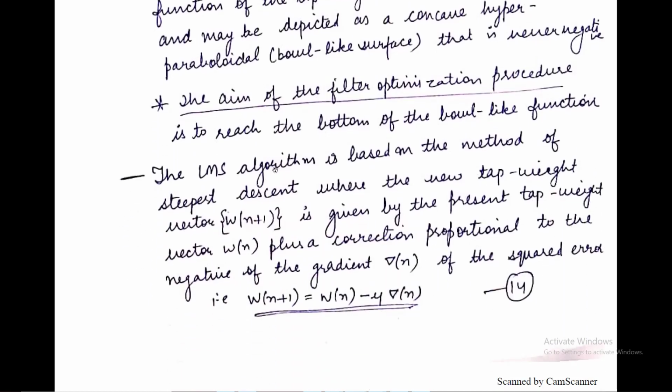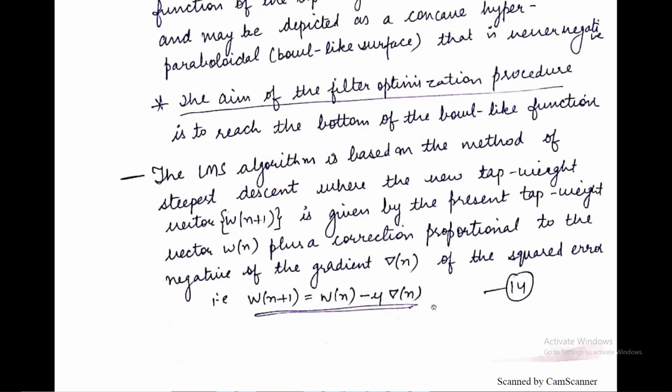So the LMS algorithm is based on the method of steepest descent, where the new tap weight, we can say w[n+1], is given by the present tap weight, means w[n] vector, plus a correction proportional to the negative of the gradient, that is ∇[n] of the squared error.